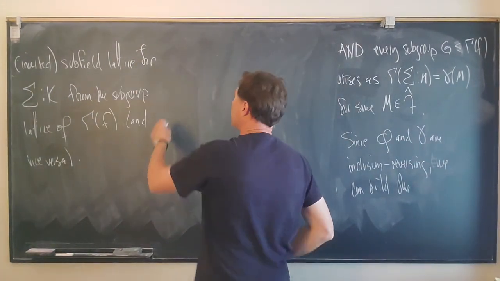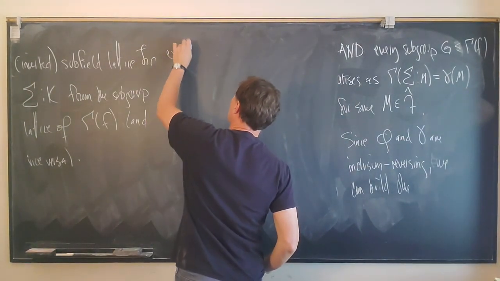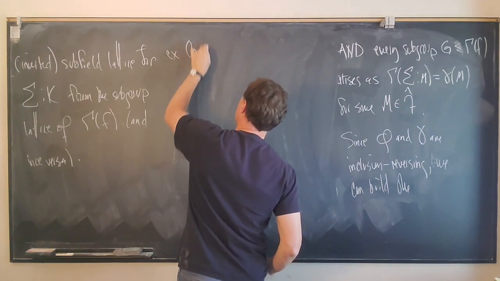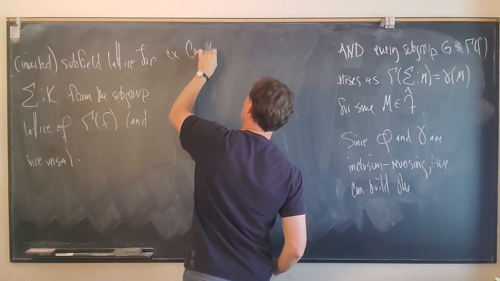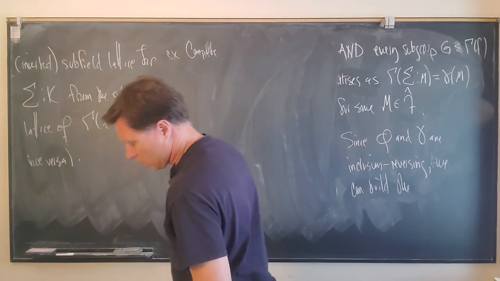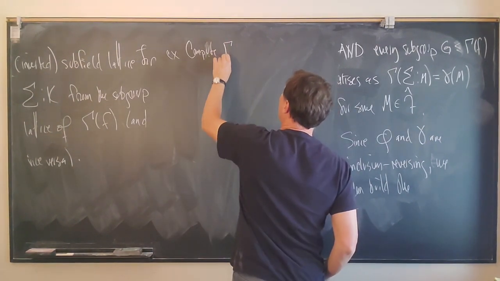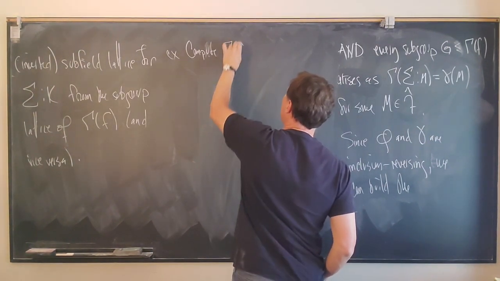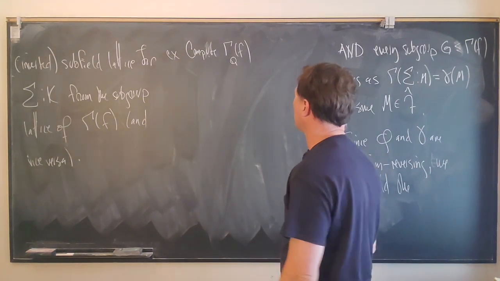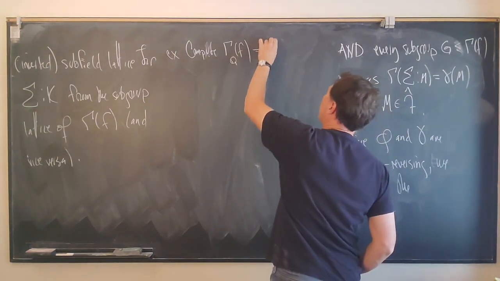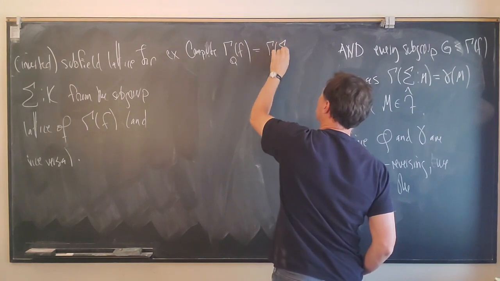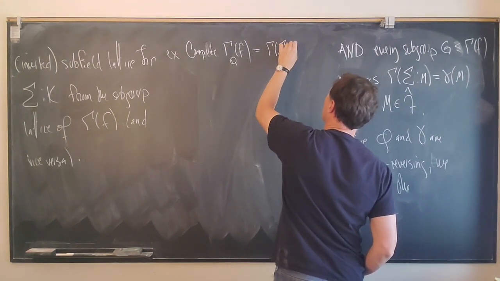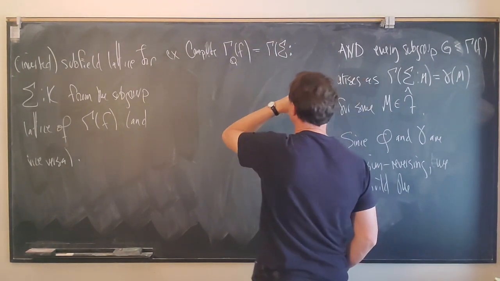Okay, so as our first example, let's compute the Galois group, and I'm going to put a little sub Q here. This is equal to the Galois group. I need to specify the coefficient field.